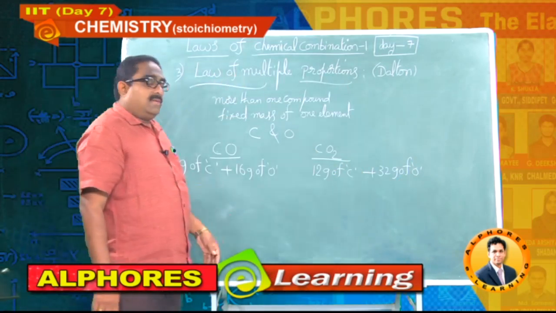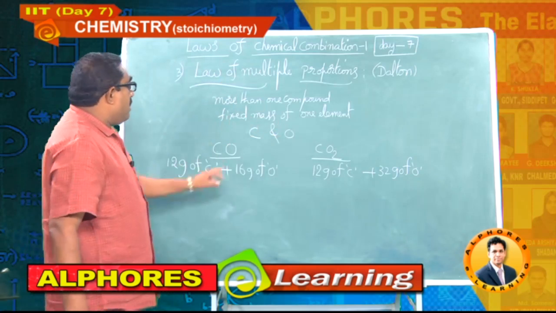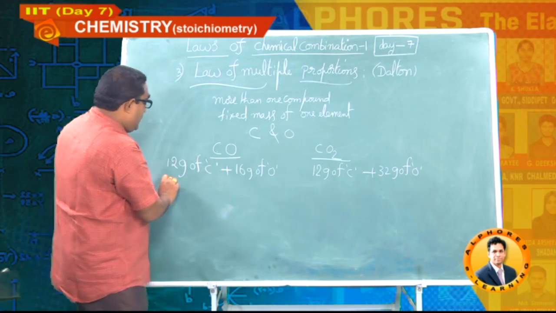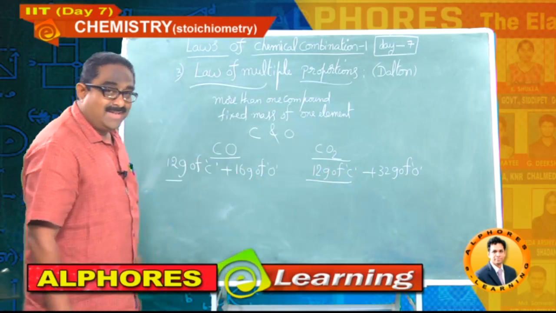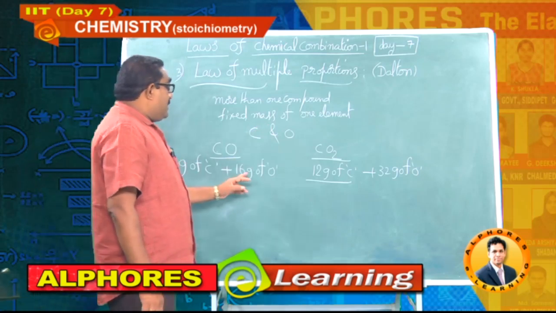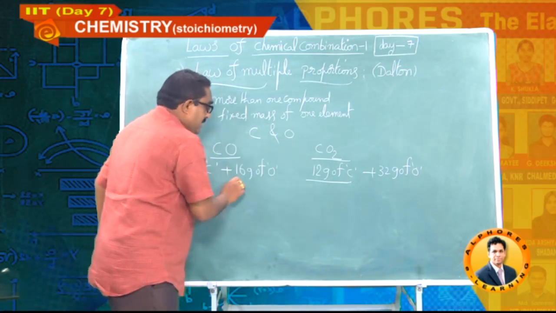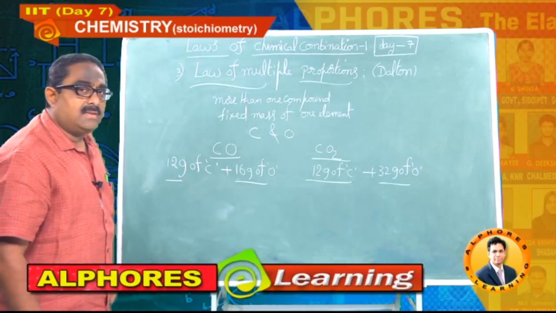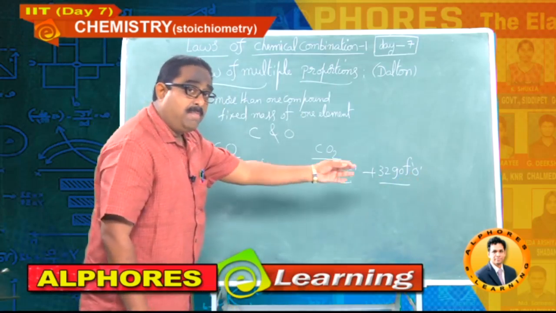Now coming back to this law, if two elements combine to form more than one compound, concentrate, then for the fixed mass of one element, here that is carbon, the masses of other element, here oxygen, 16 grams and 32 grams, combined will be in the simple ratio.